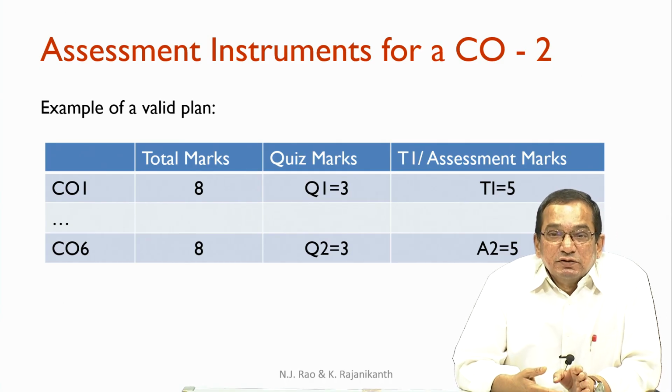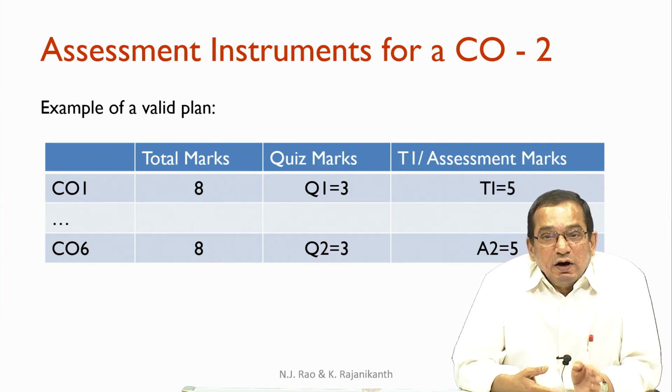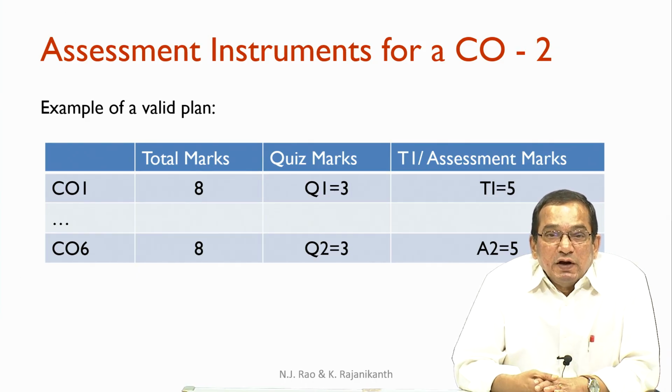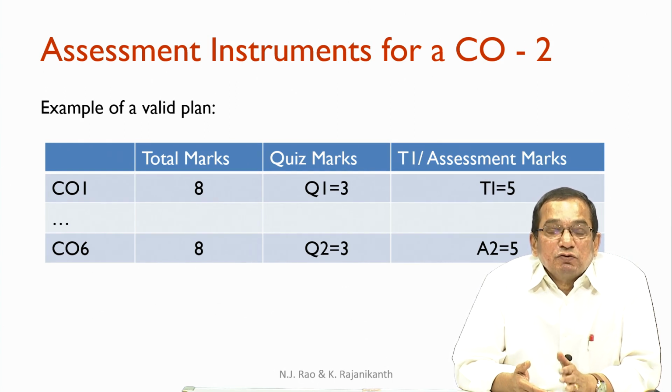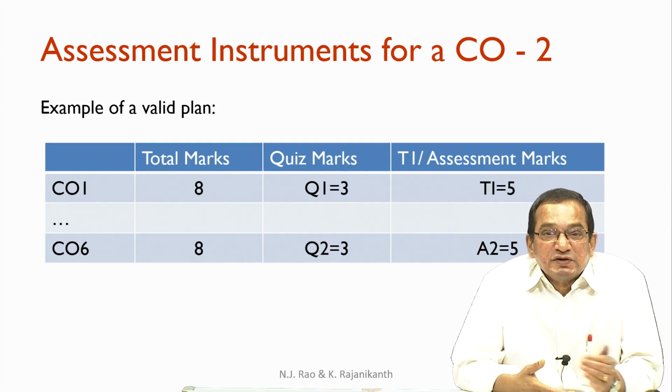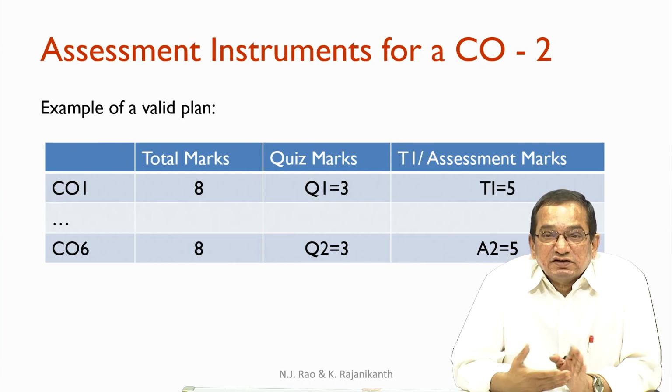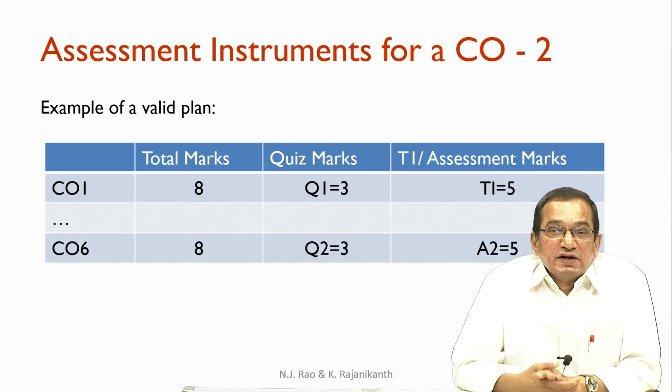And by the time quiz 1 or T1 is conducted, the material related to CO1 has been completed in the classroom. So, the student is ready to take quiz 1 and T1, which have questions related to CO1. Similarly, for every CO we must decide what are the assessment instruments in which that CO is to be addressed. So, assume that we have done that for every CO.